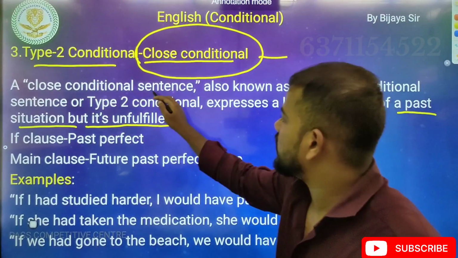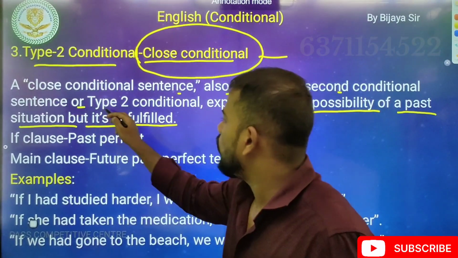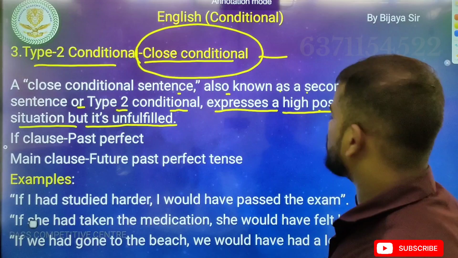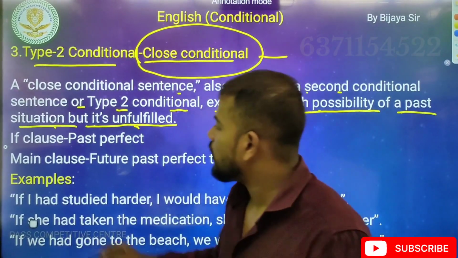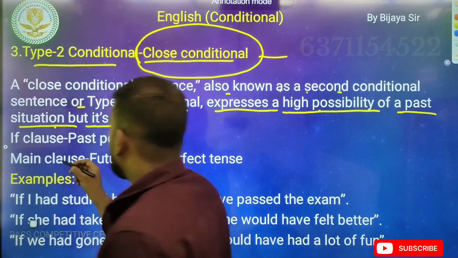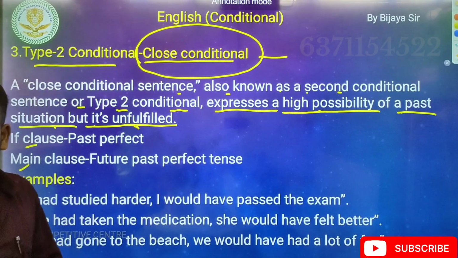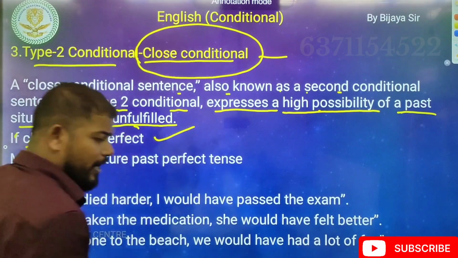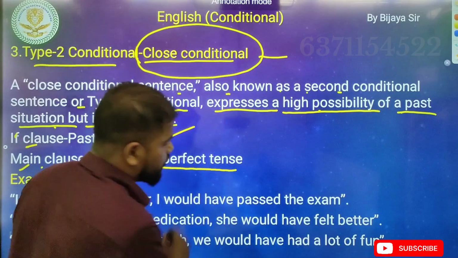A clause conditional sentence, also known as a second conditional sentence or type 2 conditional, expresses a high possibility of a past situation, but it is unfulfilled. Now we get an if clause and a main clause: the if clause is in past perfect and the main clause is in future past perfect tense.